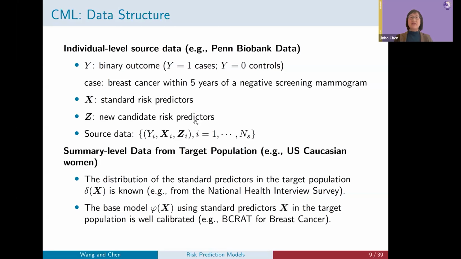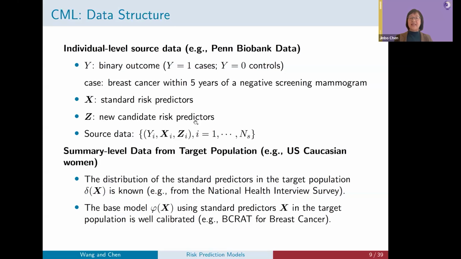Our solution does require something extra. We require summary level information from the target population. For breast cancer, we have access to a well-calibrated risk prediction model, i.e. the Gail model. And also we assume that we have access to a representative data set from the target population that only has data for standard predictors.